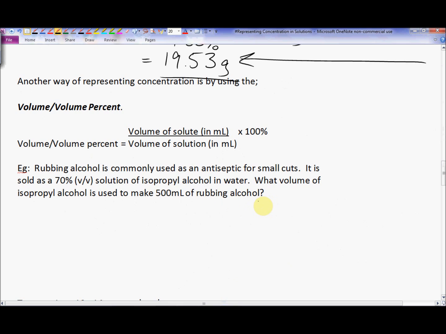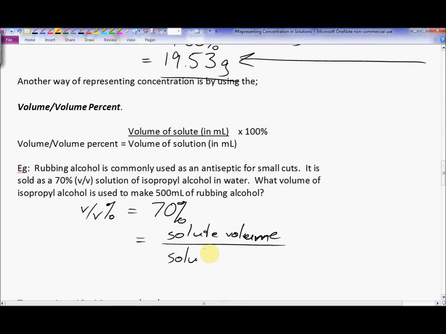Okay, so volume-to-volume percent is equal to, in this case, 70%. Volume percent is 70%. And that's equal to the solute volume divided by solution volume, multiply by 100%.